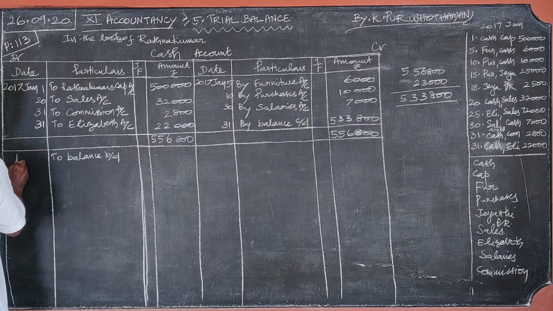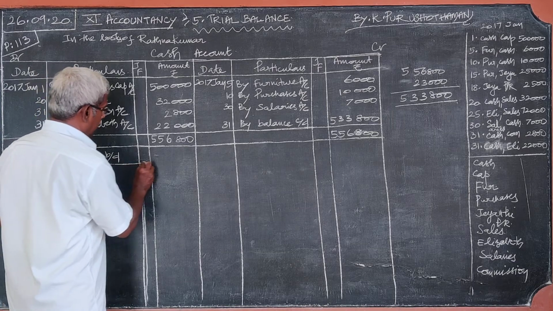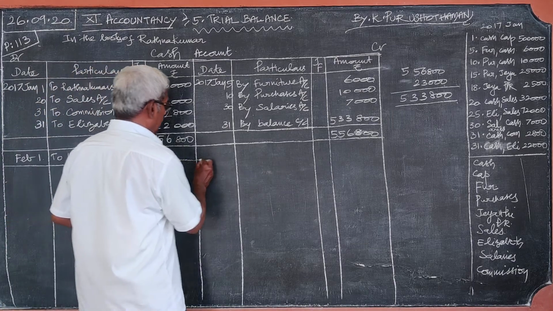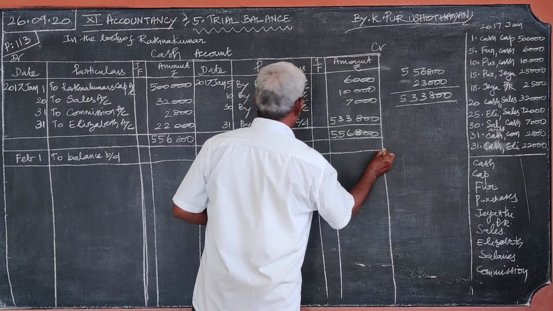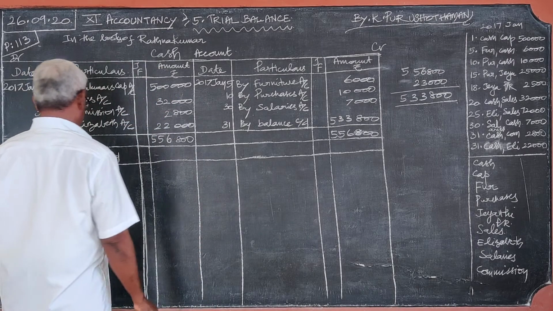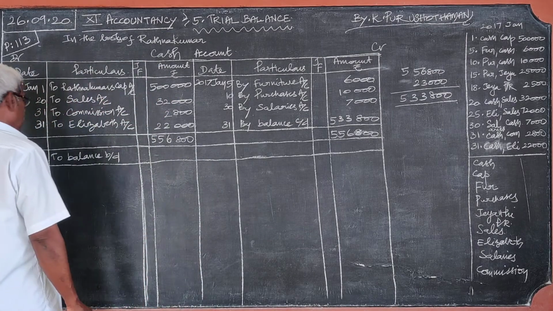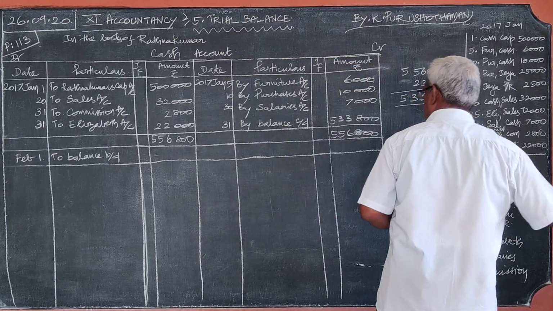For brought down, next month, first date. With this, the cash account ledger is over. Now, we shall pass on to the next ledger account, capital account.